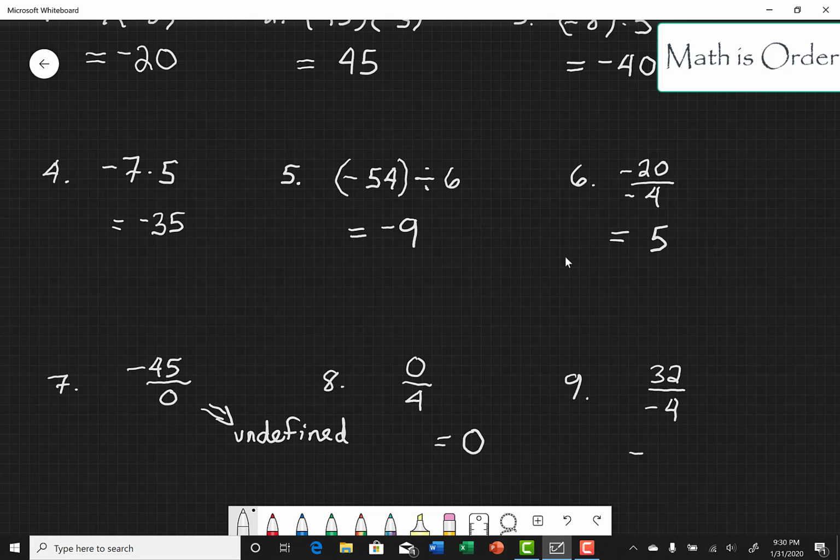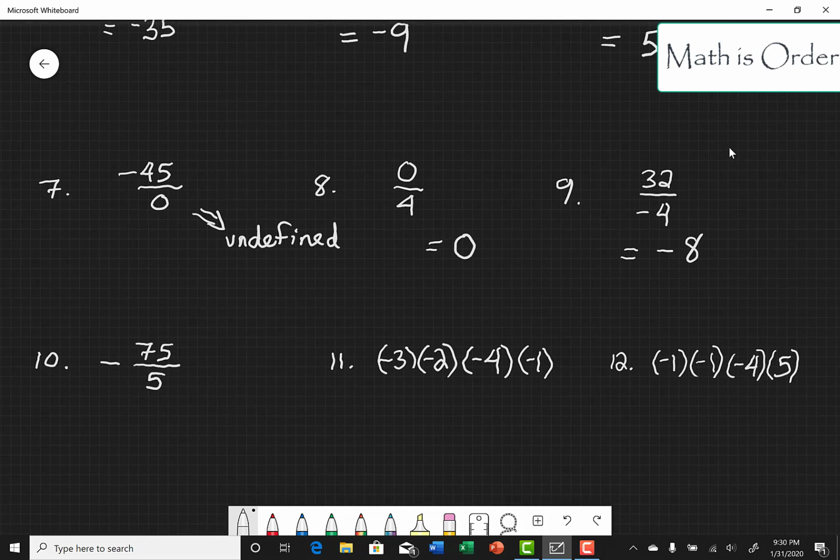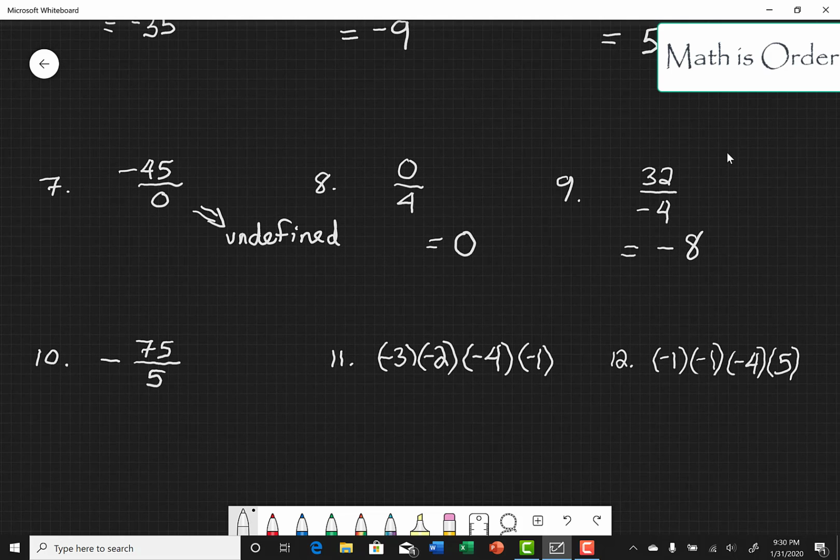Right, looking at number 9, positive divided by negative. Based on our rules for dividing integers, this will result in a negative. So negative 8.